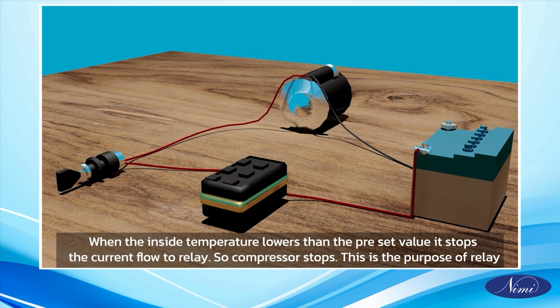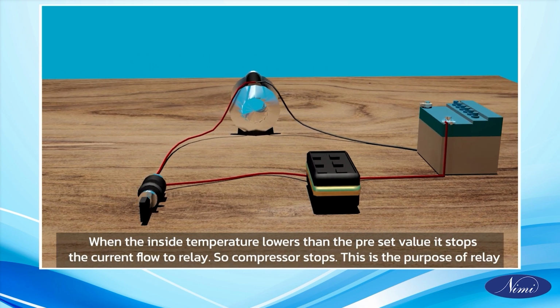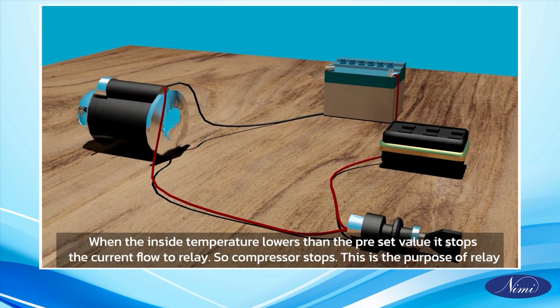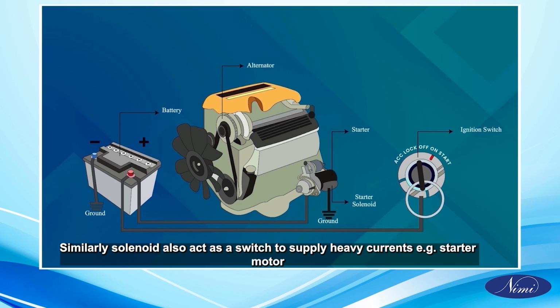When the inside temperature lowers than the preset value, it stops the current flow to relay. So, compressor stops. This is the purpose of relay. Similarly, solenoid also act as a switch to supply heavy currents, example starter motor.